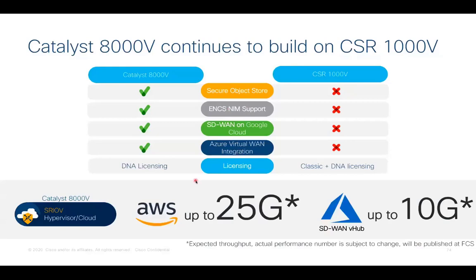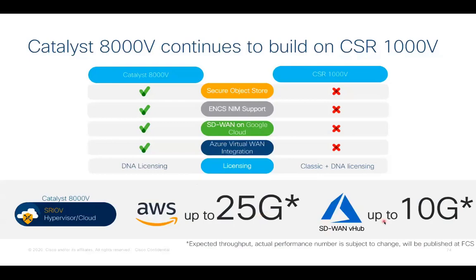The Catalyst 8000V will also maintain the same throughput parity with CSR 1000V, and we are expecting the AWS performance to reach up to 35 Gbps IPsec aggregate throughput for the large instances with 1400 packet size for traditional deployment.